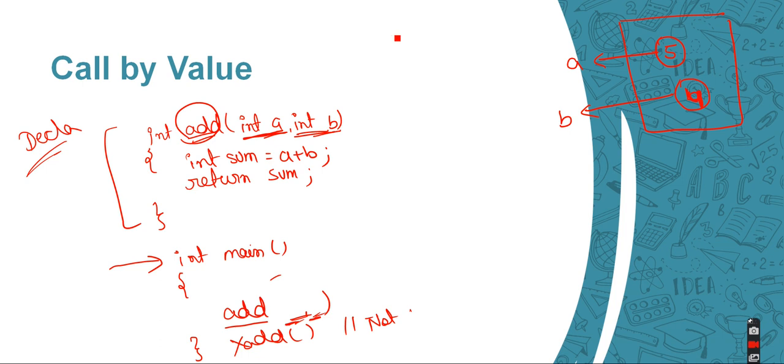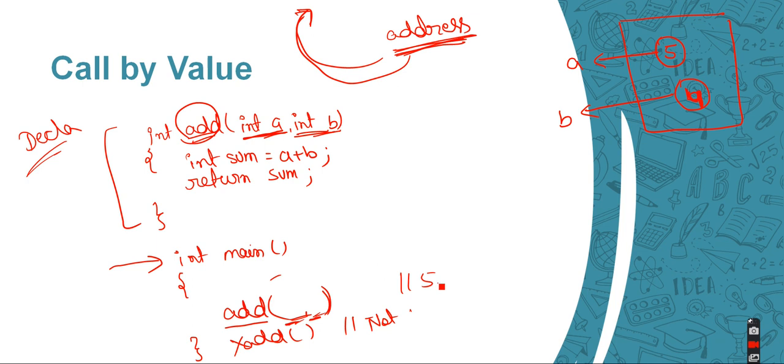I need your address, right? If I have your address, then I can come to you. If I want to meet you, then I need to have your address. Only then I can go there and meet you, right? In the same way, suppose I am not going to pass the values 5, 4 directly, I want some variables to be passed.